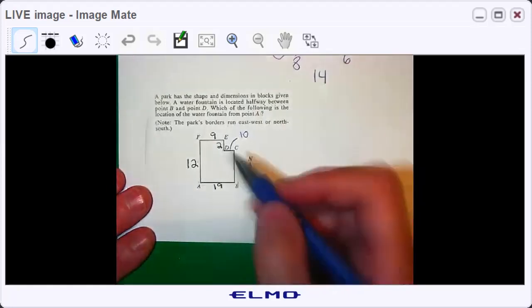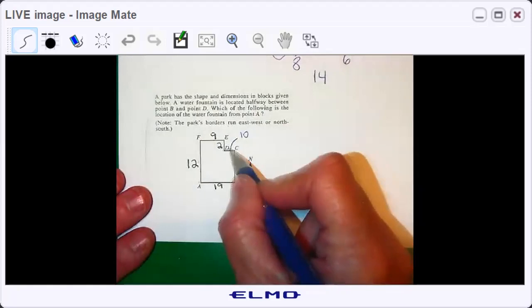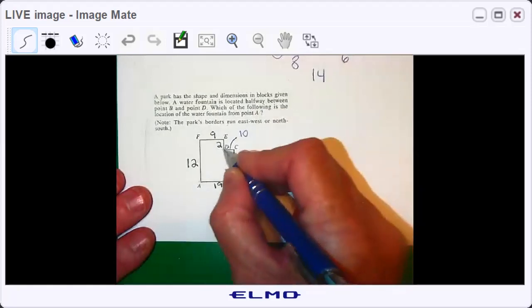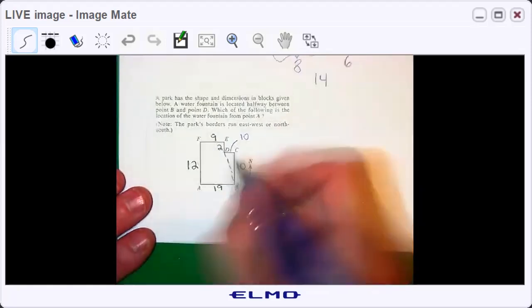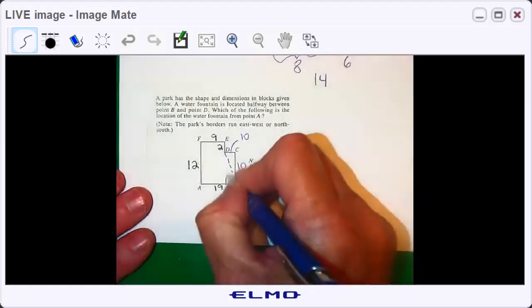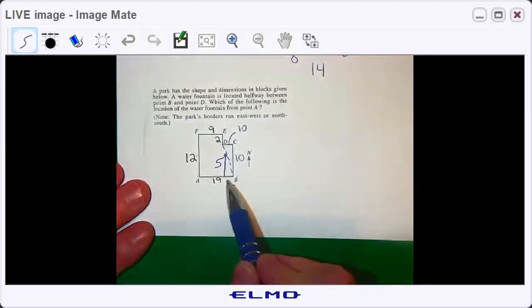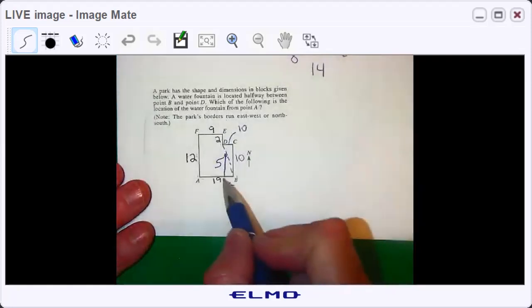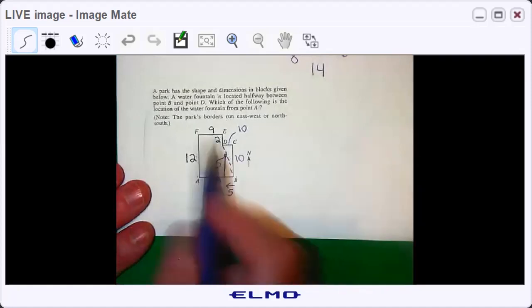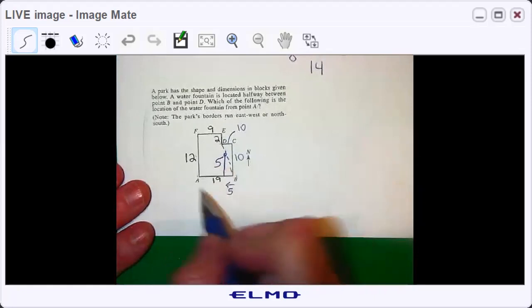Just do the math. Now, to get halfway, if you have sides of 10 and 10, well, that's easy. That's just going to be 5 this way and 5 north. So we know we're going 5 west, if you will, and 5 north. Well, again, we're asking the same question coming from point A. How's that going to look?